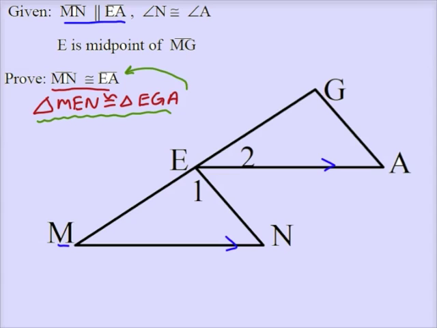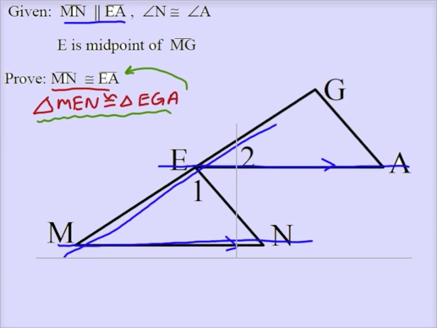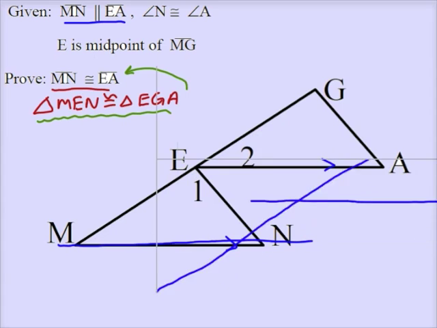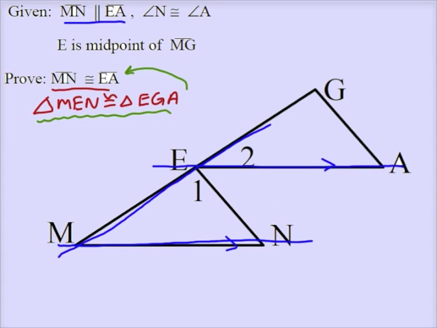If we consider MN and EA cut by that transversal, then looking at the angles that are created, angle 2 and angle M would be considered corresponding angles. So those are congruent. That fact tells me that angle 2 is congruent to angle M.